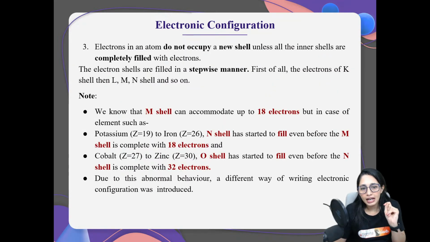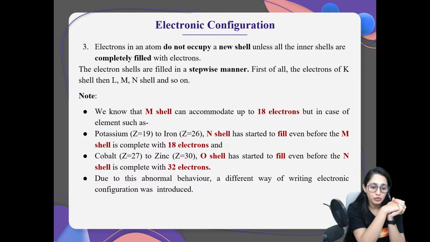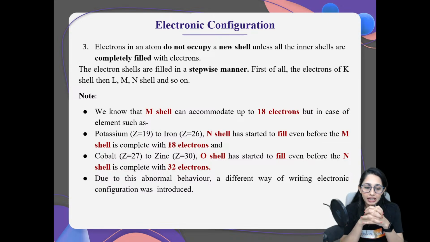The electrons in an atom do not occupy a new shell unless all the inner shells are completely filled. Only if the K shell is completely filled can we go to the L shell. After we fill up K and L, we can go to M. We know that the M shell can accommodate up to 18 electrons, but in elements such as potassium and iron, the N shell has started to fill even before the M shell is complete with 18 electrons.